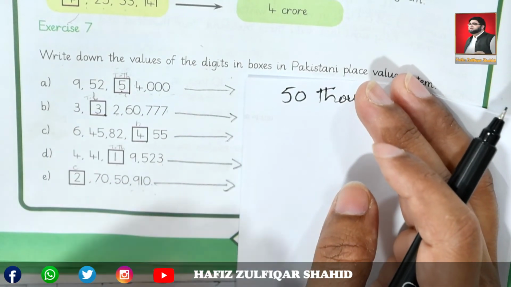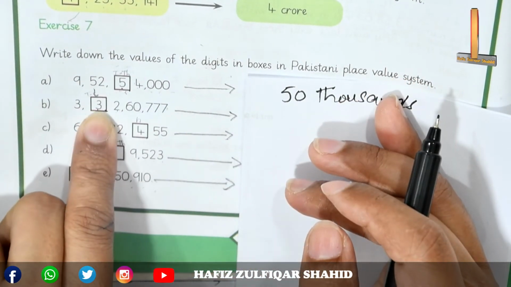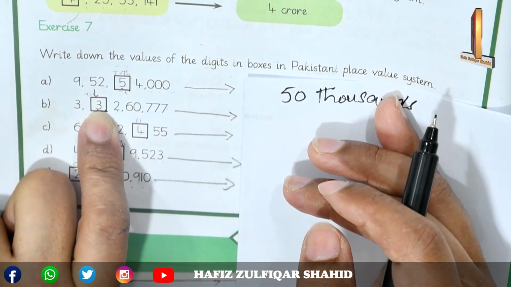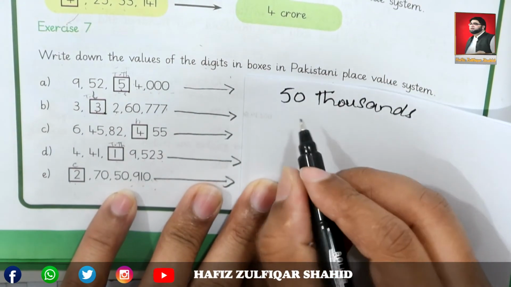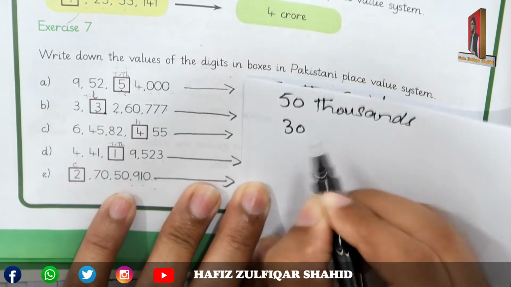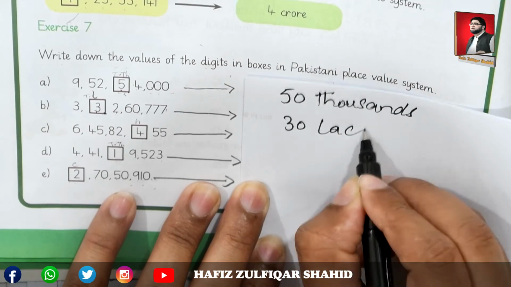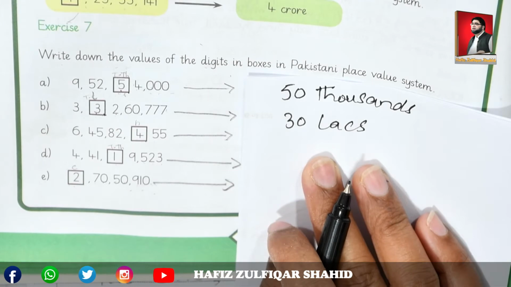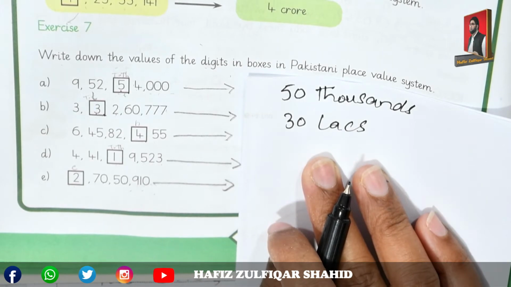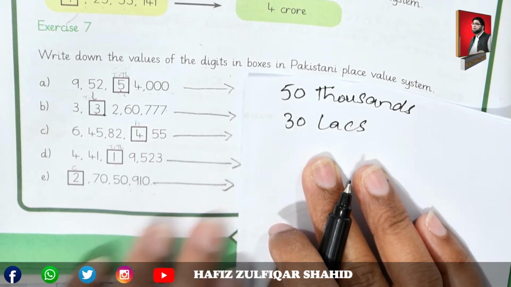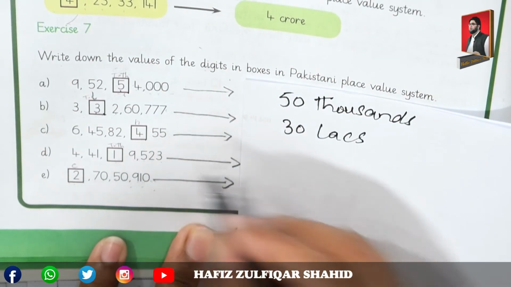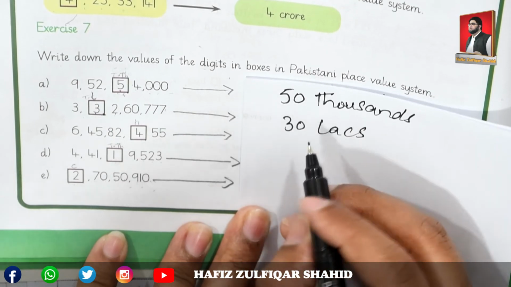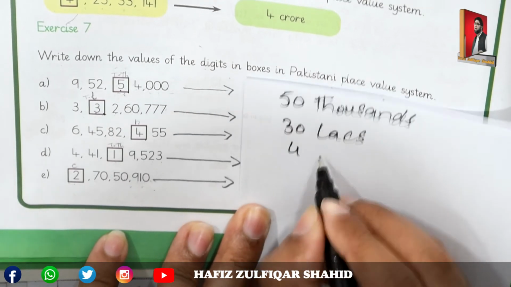The 7th means we have 10 lakh, 3's position is 10 lakh, it means we have 30 lakh. 3 according to place value stands for 30 lakhs. Next, 4 is the third digit, which means it stands on hundreds. So we have 4 hundreds.